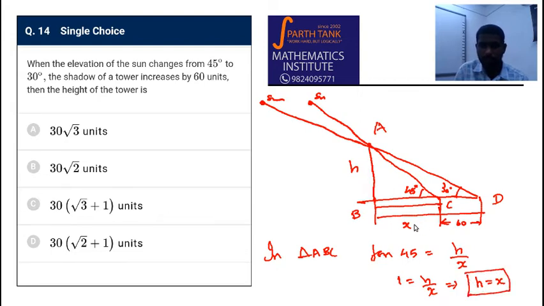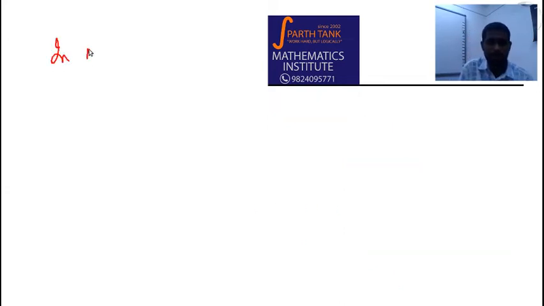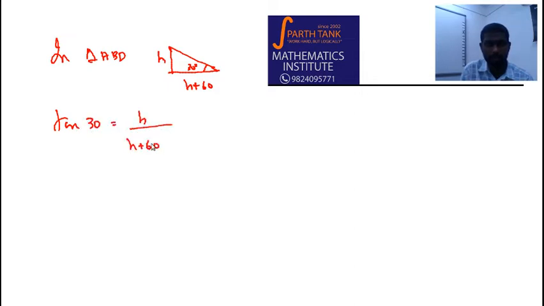Okay, so this is also equal to h. Now in the bigger triangle ABD, we have 30 degrees here. This is h plus 60 and this is h. Therefore tan 30 is h upon h plus 60. Tan 30 is 1 by root 3, equal to h upon h plus 60.